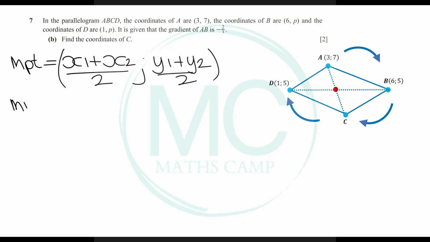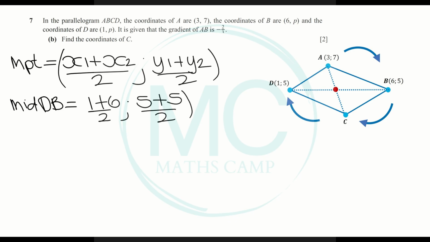I'm going to say mid DB is equal to 1 plus 6 over 2 and 5 plus 5 over 2. 1 plus 6 gives us 7, so we get an x-coordinate of 7 over 2. 5 plus 5 is 10, divided by 2 gives us 5. This midpoint is also the midpoint of AC, and now we can use this to find the value of C.